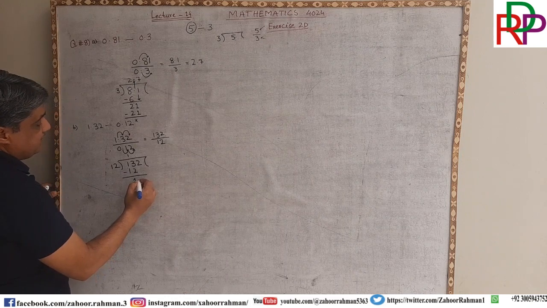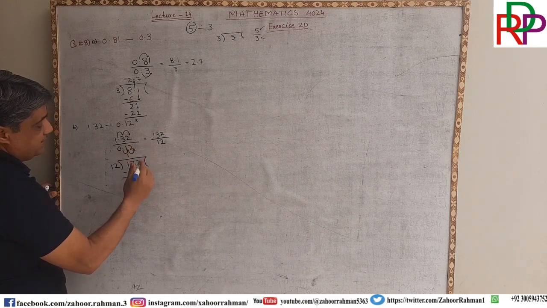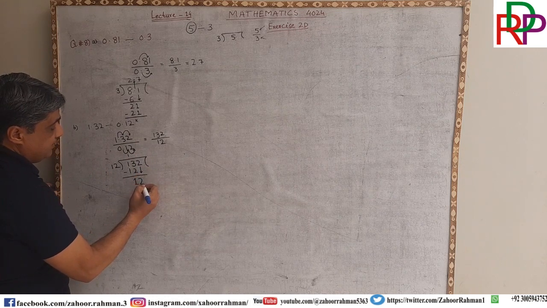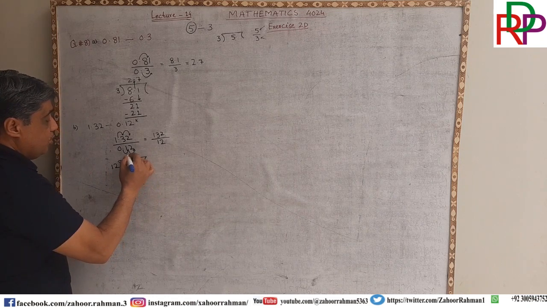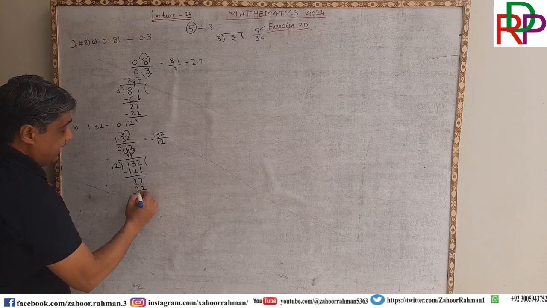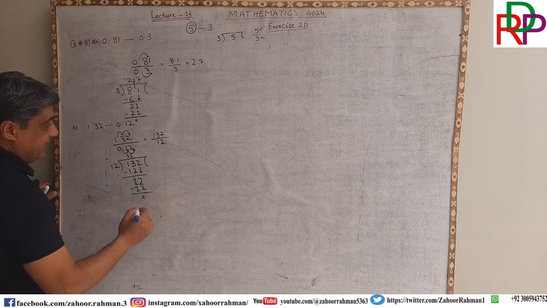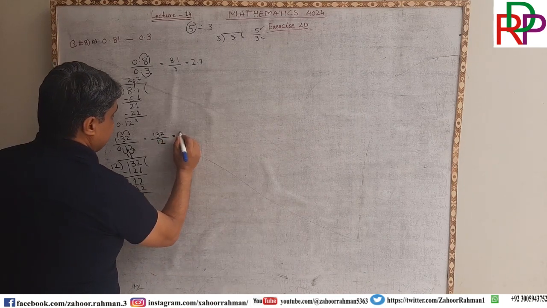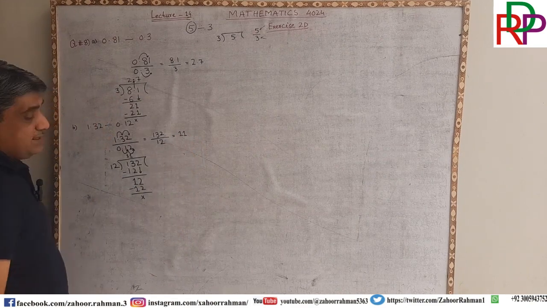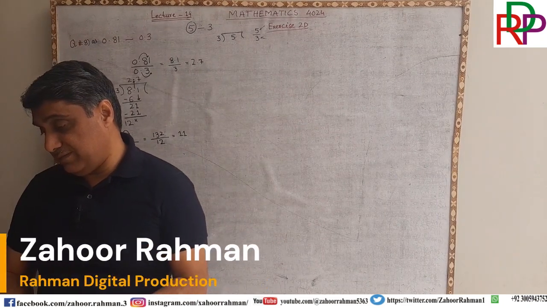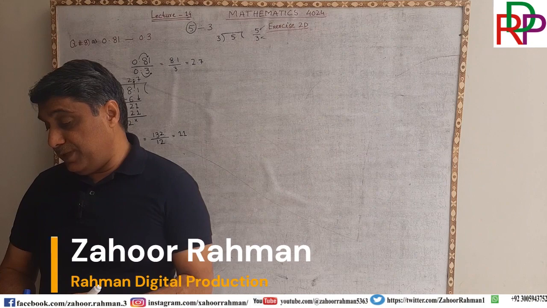Ladies and gentlemen, there is no decimal, so we directly bring this 2 down, and then 12 ones are 12 will come in its place, and in the remainder we get nothing, and the ultimate answer is 11. That was the whole story about question number 8 part B.